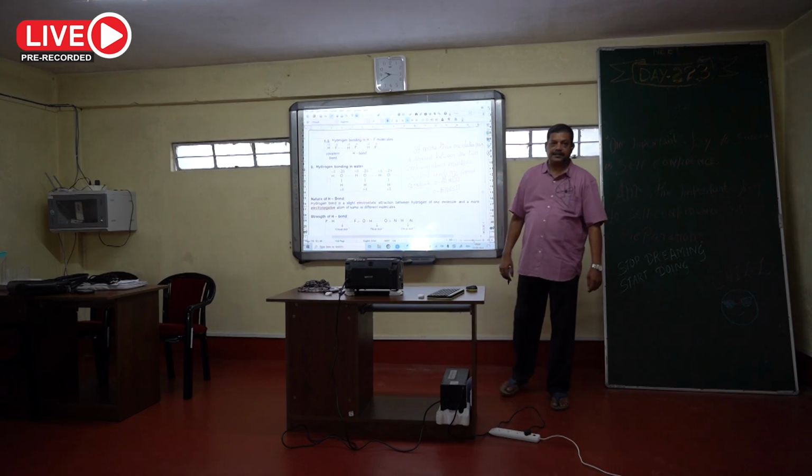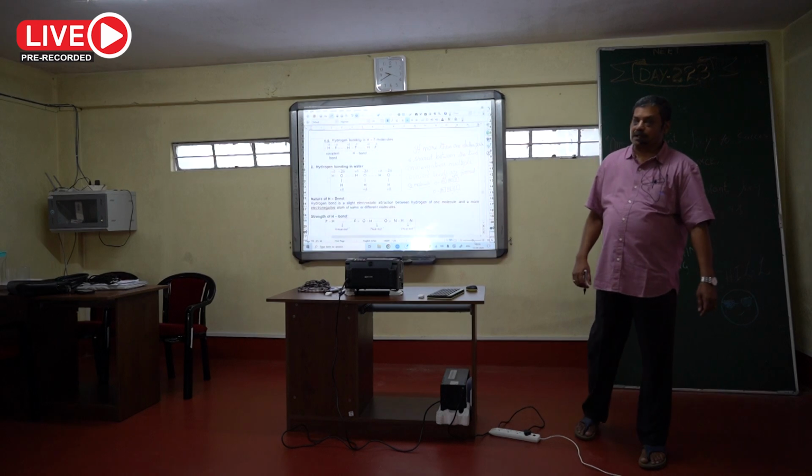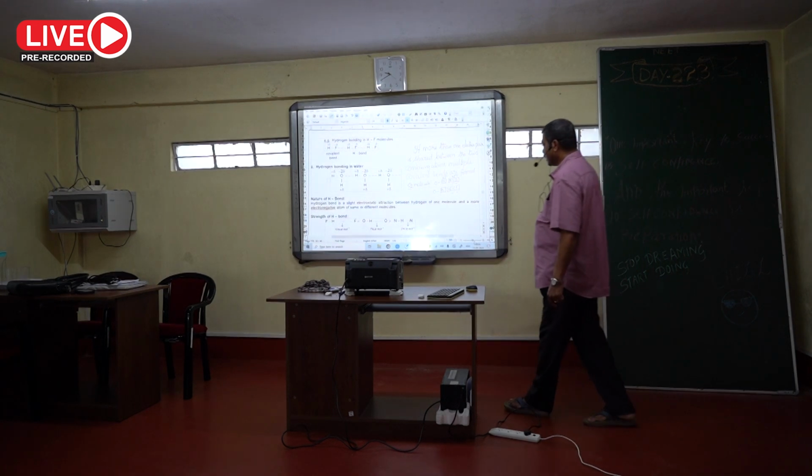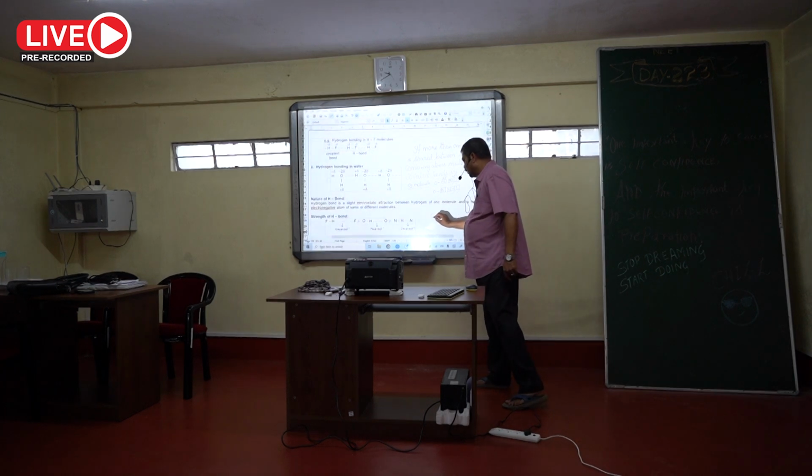So when two oxygen atoms want to form a bond, each oxygen atom contributes. This is the Lewis dot structure.